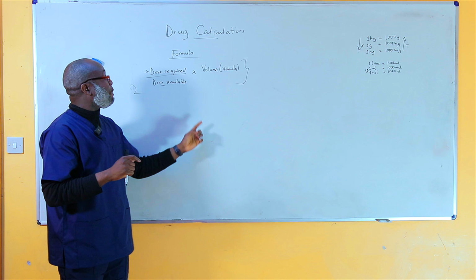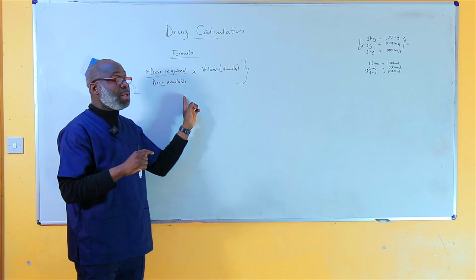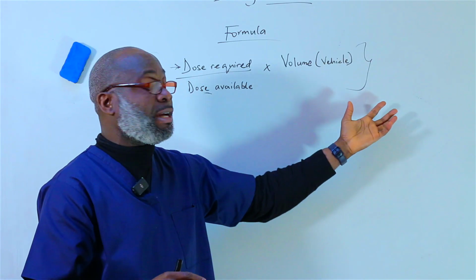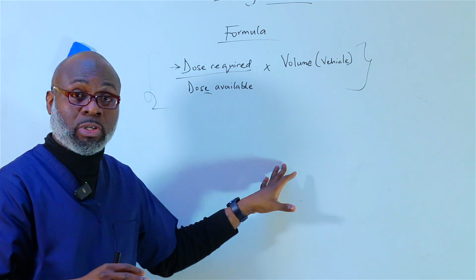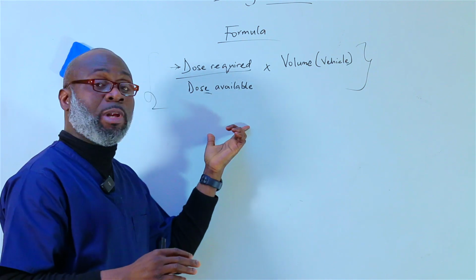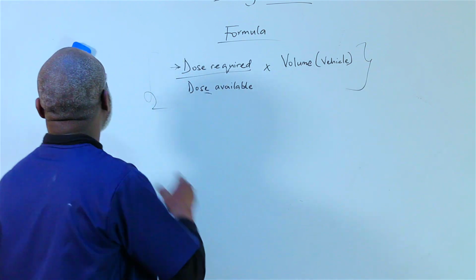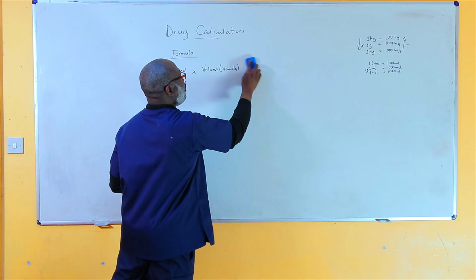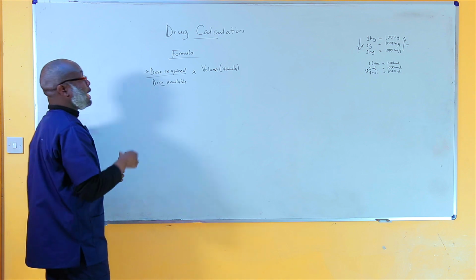Apart from using this formula, I'm going to teach another way that people who are very good at mathematics use to solve any drug calculation. So either you use the formula or you use the other one. I'm going to be teaching both today. So now I'll be looking at questions that I got from the internet.